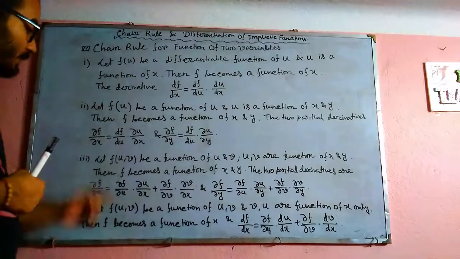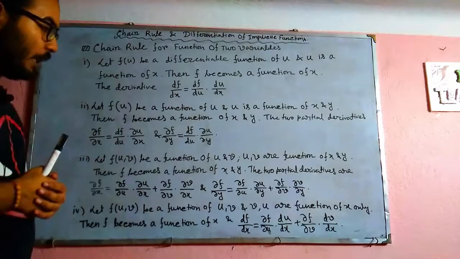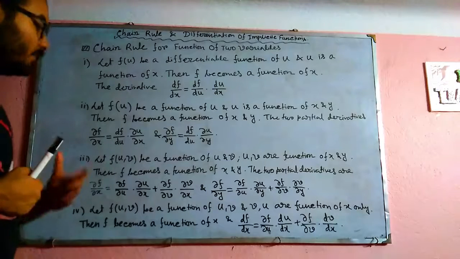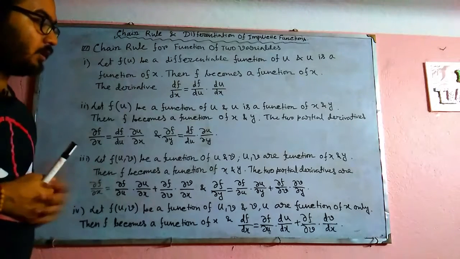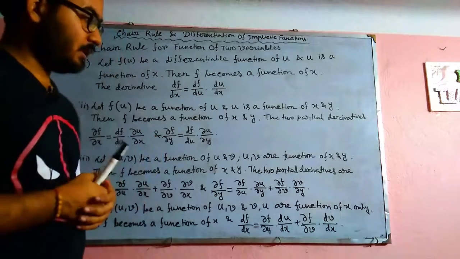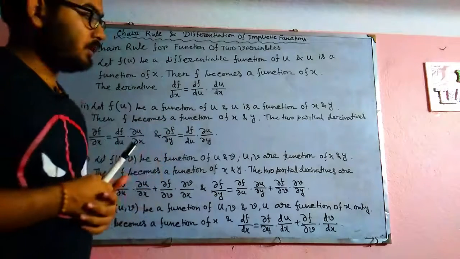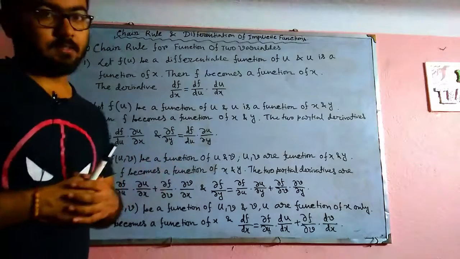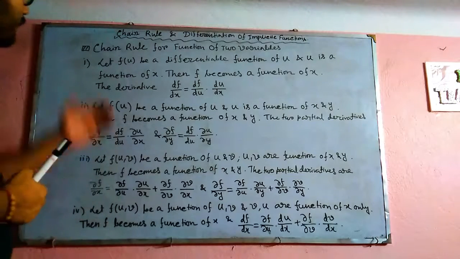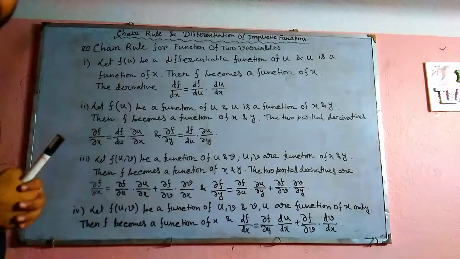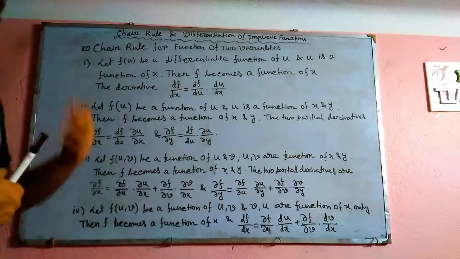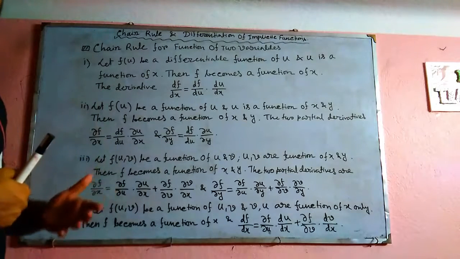Then f becomes a function of x and df/dx is equal to del f/del u into du/dx plus del f/del v into dv/dx. So these are the complete list of chain rules for functions of two variables.